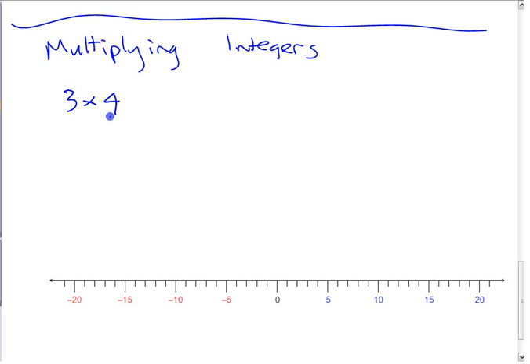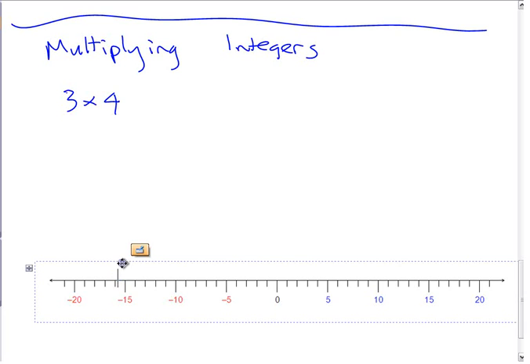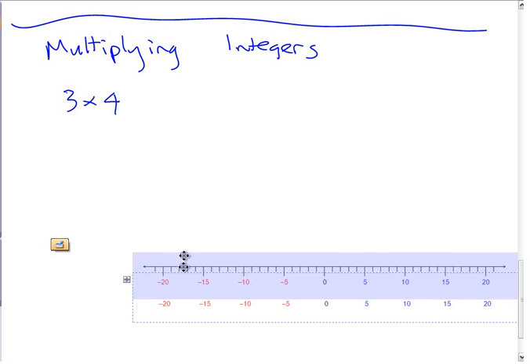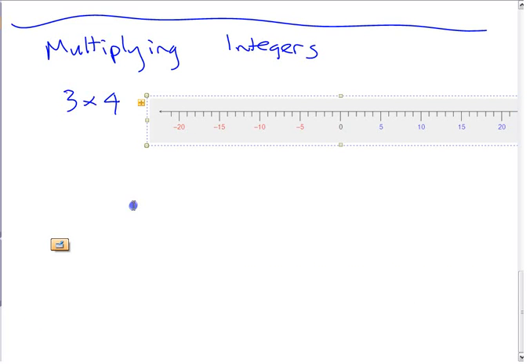When you learned how to multiply 3 times 4, somebody probably said it's just like making groups of that.